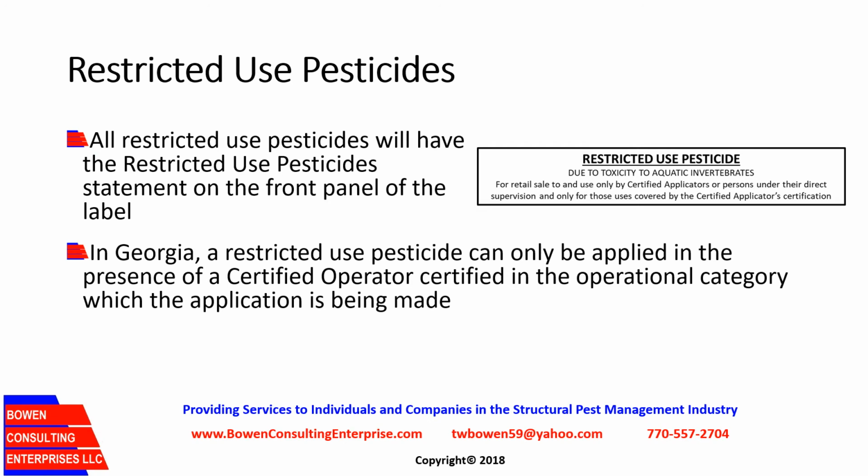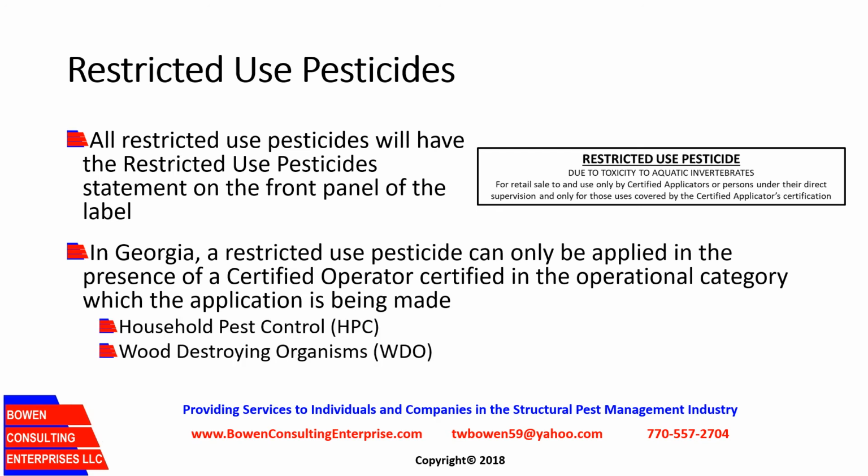The certified operator must hold certification in the operational category under which the application is being made. Those operational categories are Household Pest Control, or HPC, Wood Destroying Organisms, or WDO, and Fumigation, or FUME.